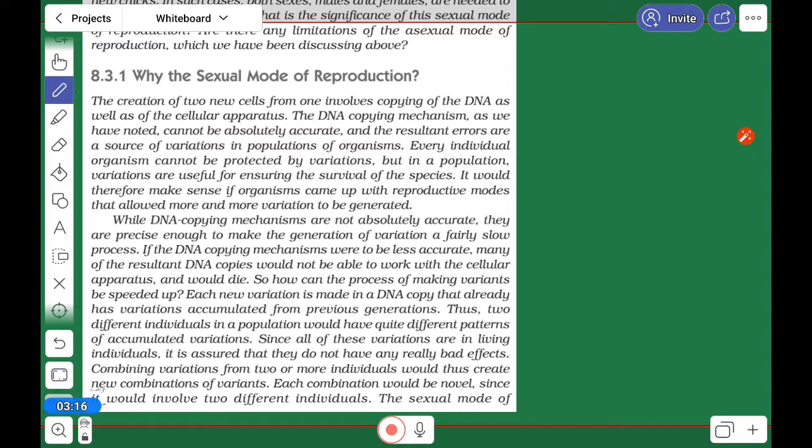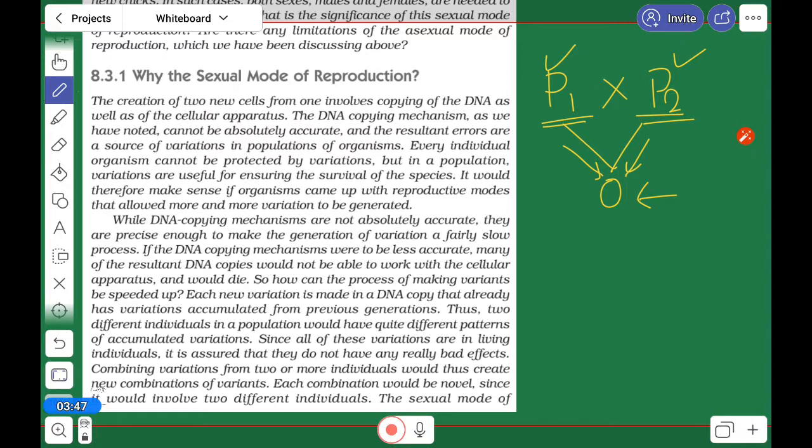In the sexual mode of reproduction, parent 1 is crossed with parent 2, so that the offspring is produced. Look at the genetic contribution here: parent 1 and 2 are not the same, they have different genetic characters, so that when the individual is born, it has some new genetic variations.